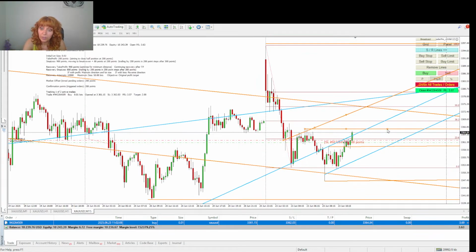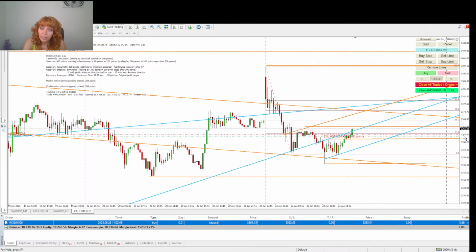Maybe that's where it would be a stronger area, because previously, as you can see here, there we go. And if I correct it a little bit more, it's right where the previous channel was, and that's what it's trying to do, get to that.